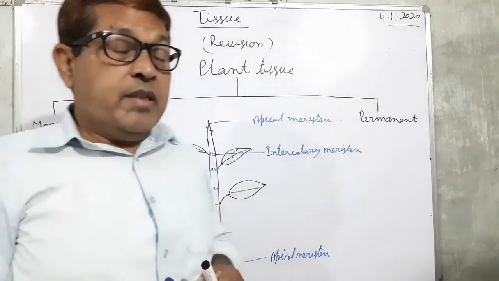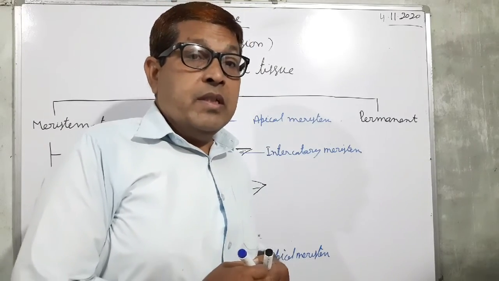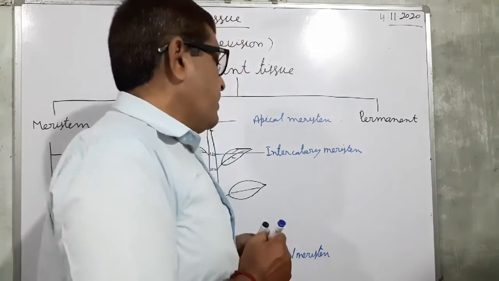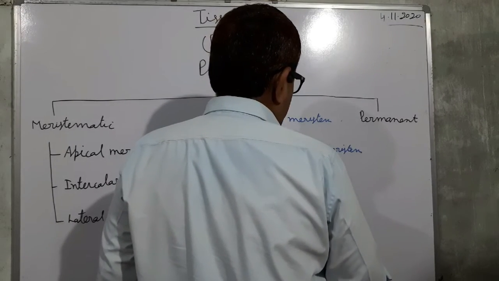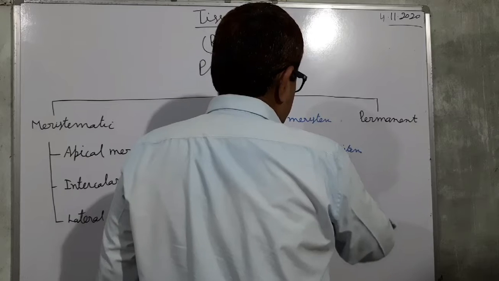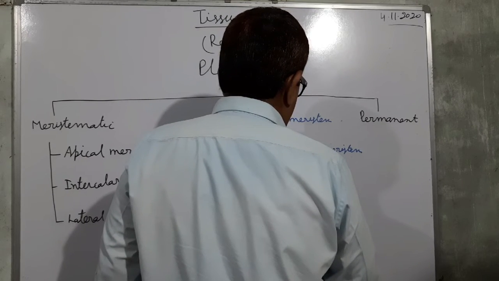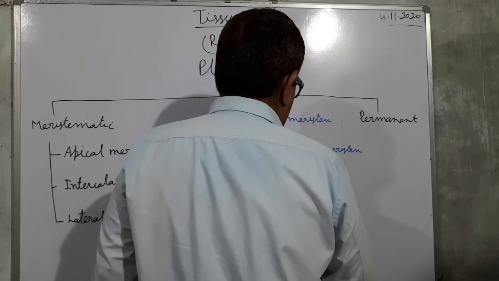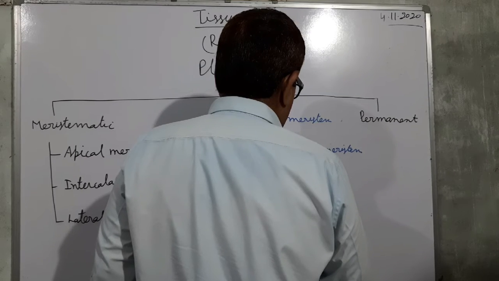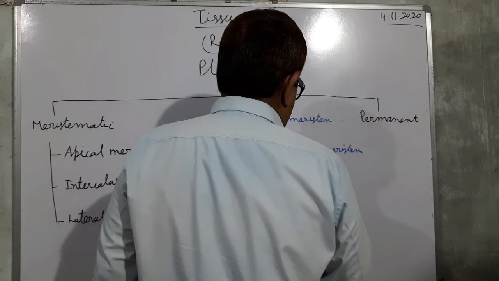You can see this meristem properly in the case of sugar cane or bamboo, where you can observe nodes and internodes very easily.